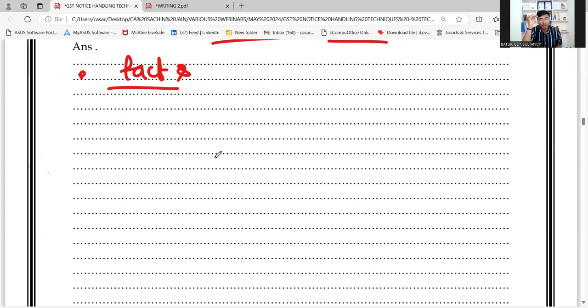Then after that we state the facts, that under this specific notice, the departmental authority has raised the demand on account of the difference between GSTR 3B and 2B. Okay, and now we need to take the reference of the section, that as per section 16 subsection 2. जब आप सेक्शन ले रहे हो, in that case don't put the complete section in your reply.